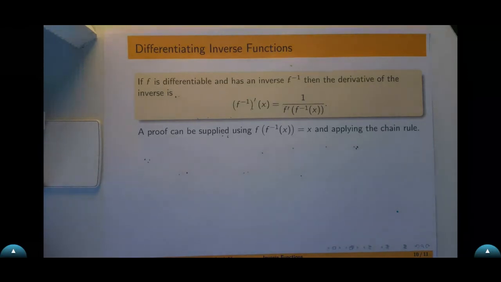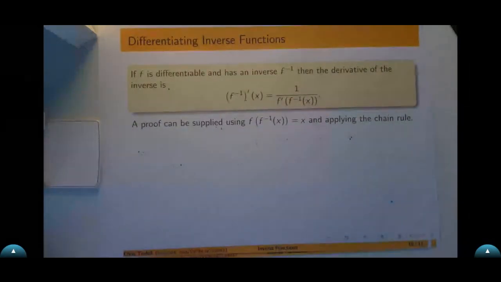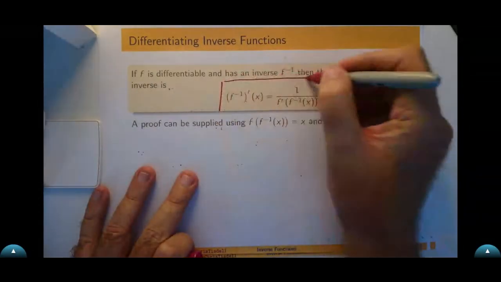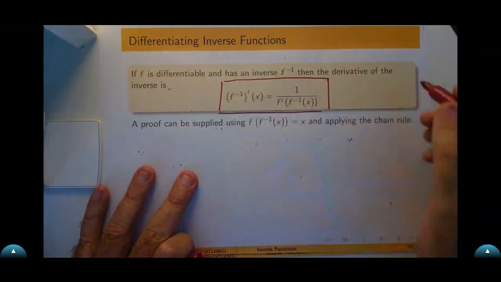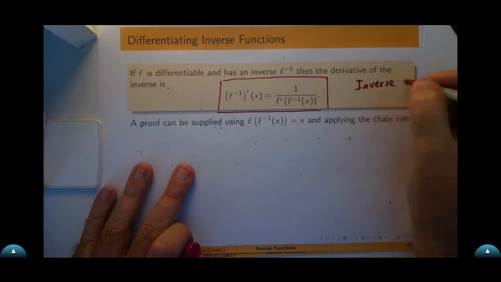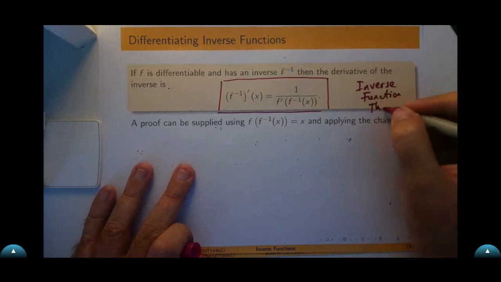Okay. Last idea for today's lecture. A little bit of calculus. This is called the inverse function theorem.